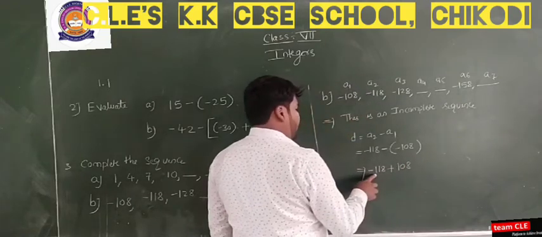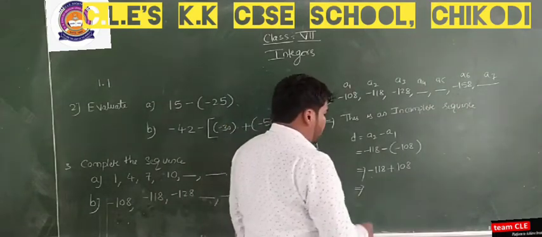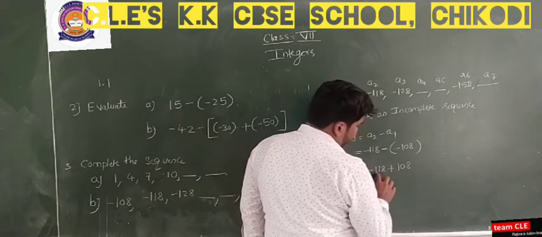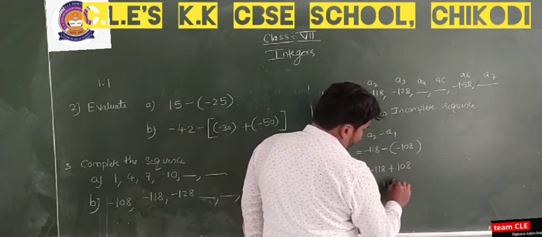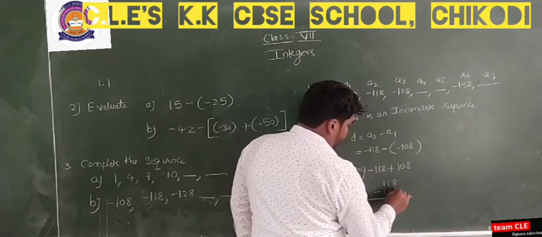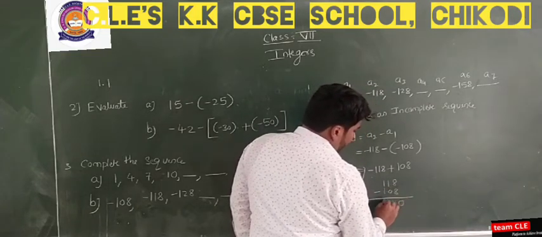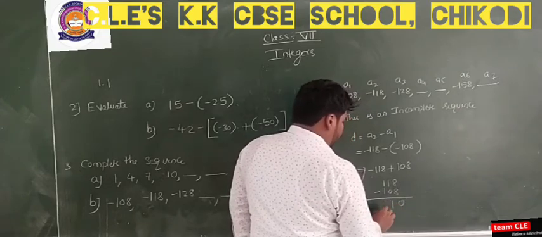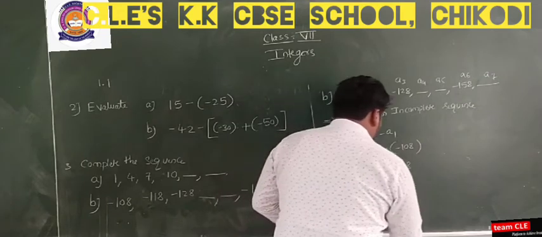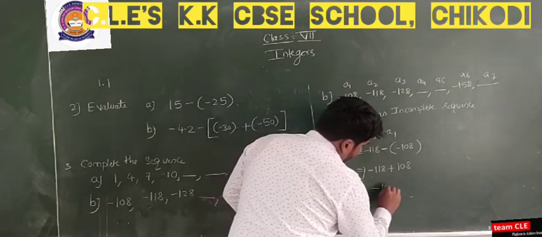Whenever you have one negative integer and one positive integer, first you need to subtract. So you get 118 minus 108. 8 minus 8 is 0, 1 minus 0 is 1, and this is 0. So you get minus 10. So D equals minus 10.